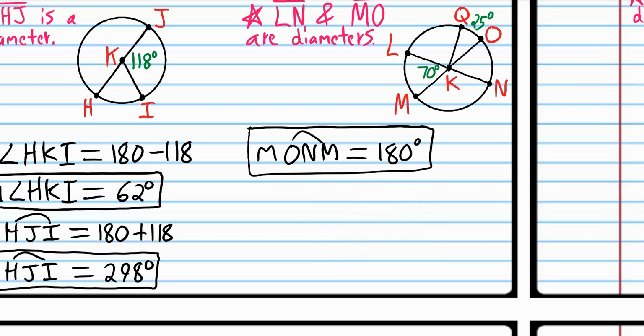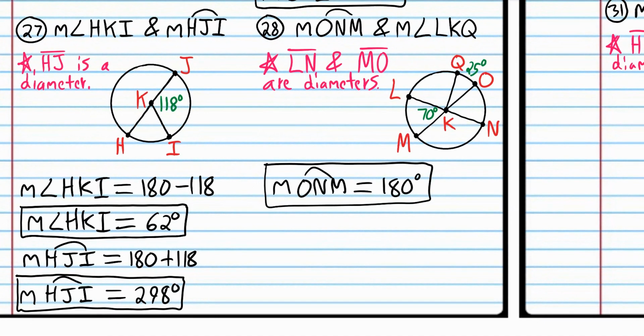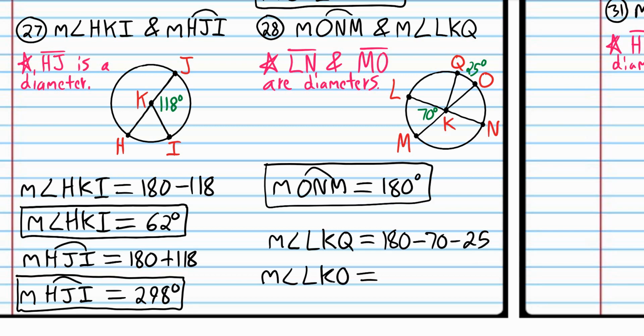There's multiple ways to do this. So the measure of angle LKQ is equal to 180 minus 70 minus 25. And if you do the math on that, we get 85 degrees.